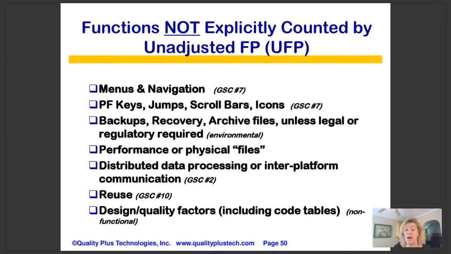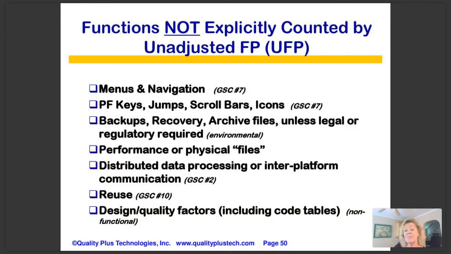Backups, recovery, archive files are not counted in unadjusted function points, but they would be counted in the general system characteristic that covers data backup. And I think that is general system characteristic, I may be wrong, it's either 10 or 11. Backups, recovery, unless it's legally required.